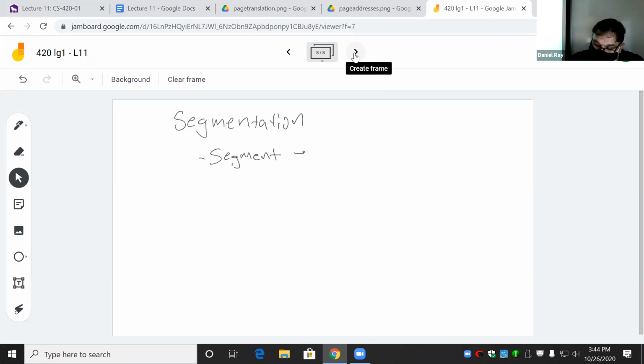All right, so a segment is a variable size block of a logical address space. How's that different from a page?